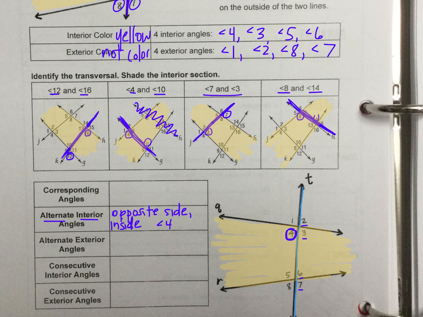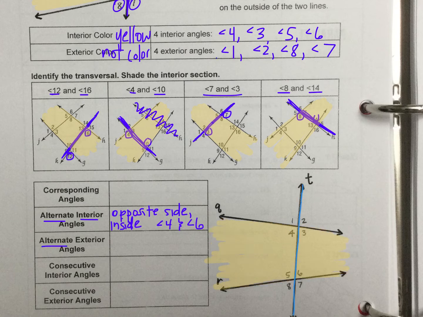But the other one that's inside, so it's either going to be 6 or 3. Well, 4 and 3 are right next to each other, so that is not the relationship we're looking for. So that leaves angle 6. So angle 4 and angle 6, their relationship we call an alternate interior. Opposite sides of the blue line, but inside the yellow.